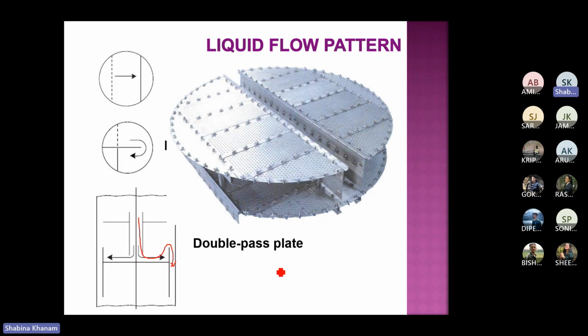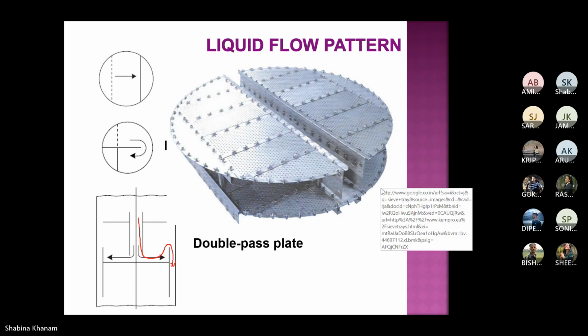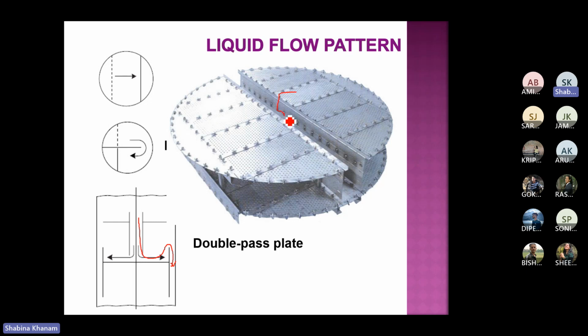Okay, so in this way you can consider the double pass plate. More closely you can see it like this. Okay, from the above plate, liquid is coming to this section, moves in this direction and then exits from here.